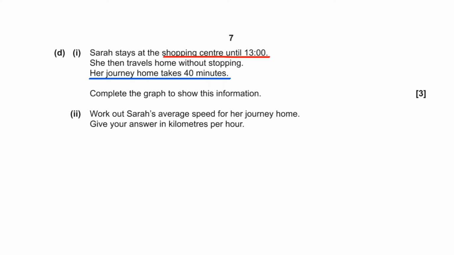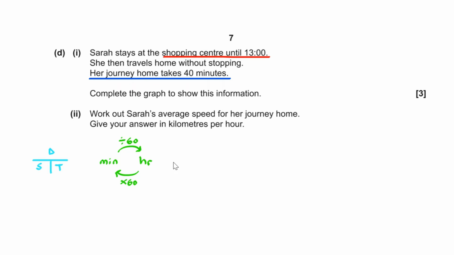So, first of all, we know speed is equal to distance over time. Now, we have to give our answer in kilometers per hour. So what we'd have to do as well is convert the 40 minutes into hours. To go from minutes to hours, we would have to divide by 60, and hours to minutes we would have to times by 60.